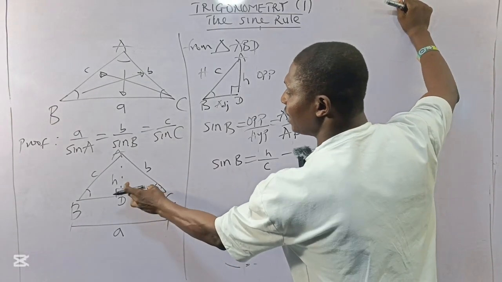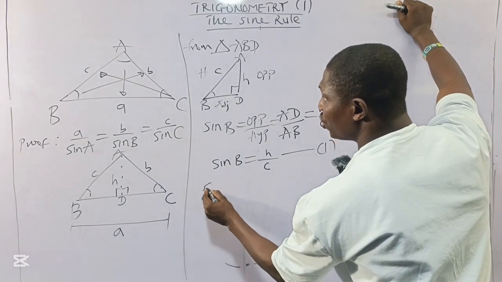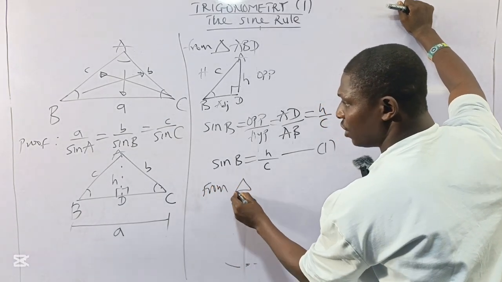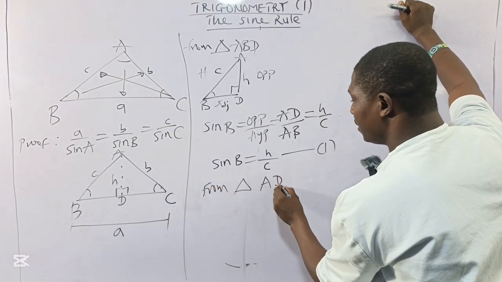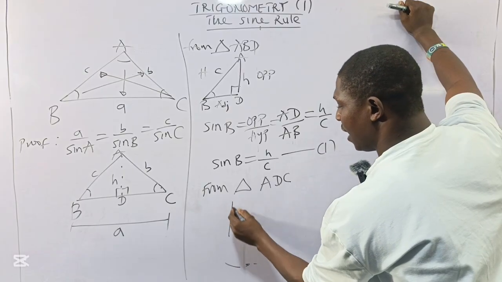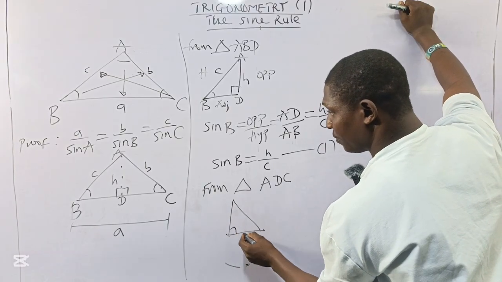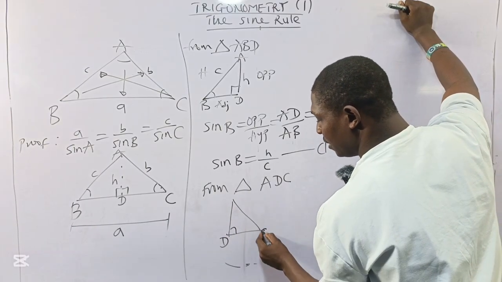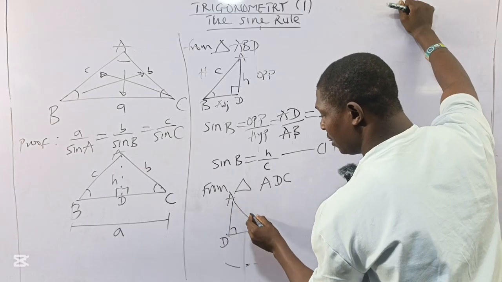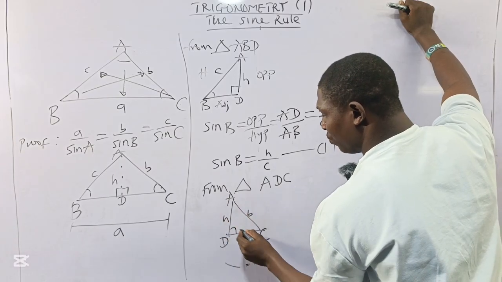And using this other side of the triangle, which is triangle ADC, I have this. This is D, this capital C, this capital A, this small letter b, and this small letter h.